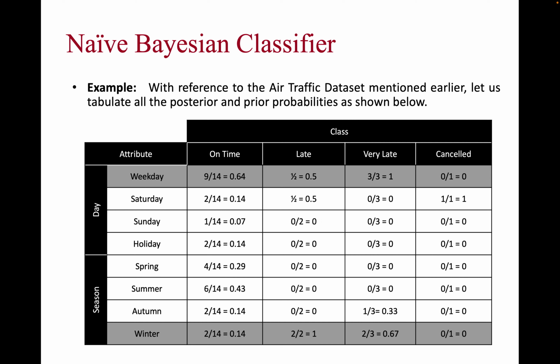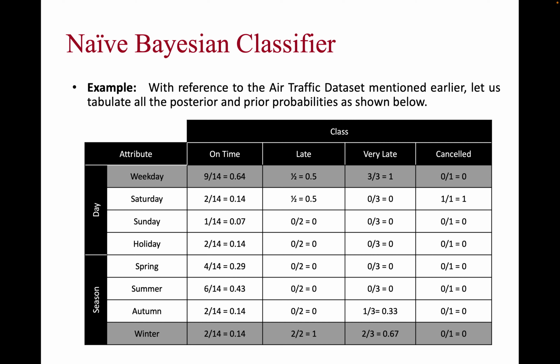Example. With reference to the air traffic data as mentioned earlier, let us tabulate all the posterior and prior probabilities as shown below. Attributes: on time, late, very late. Of the 14 entries, weekday is 9, Saturday is 2, Sunday is 1, holiday is 2.